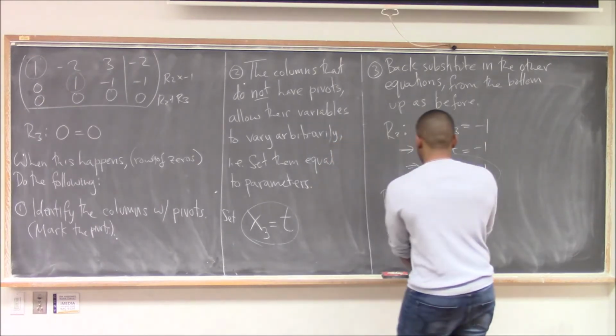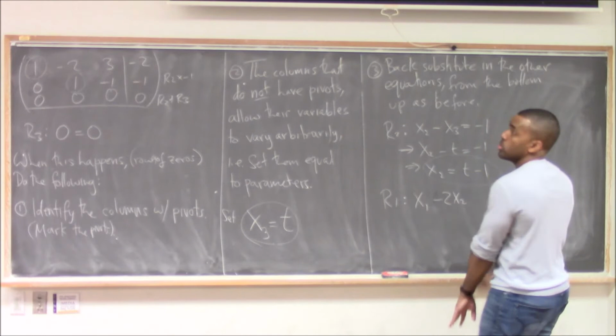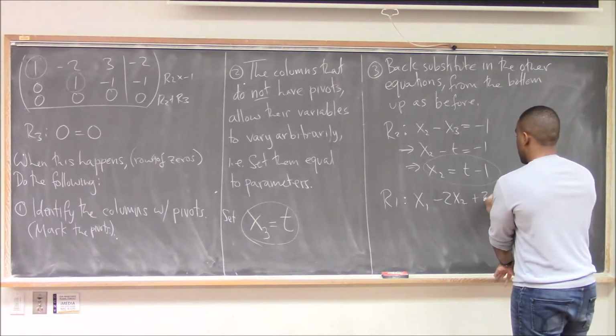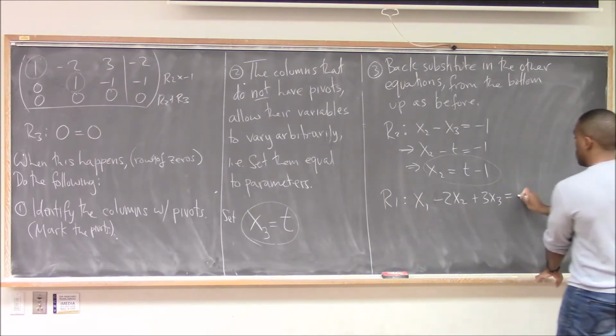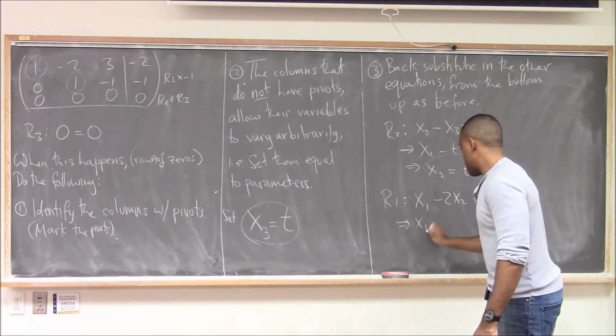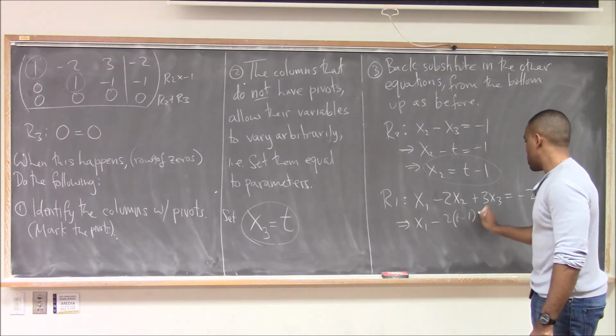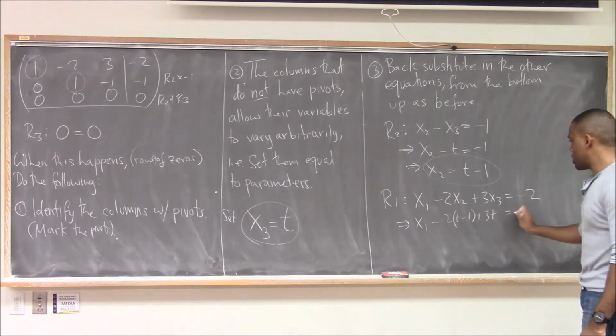Row 1 says x1 minus 2x2 plus 3x3 is equal to minus 2. Basically I'm going to back substitute these into it. My x2 was t minus 1, my x3 was t.